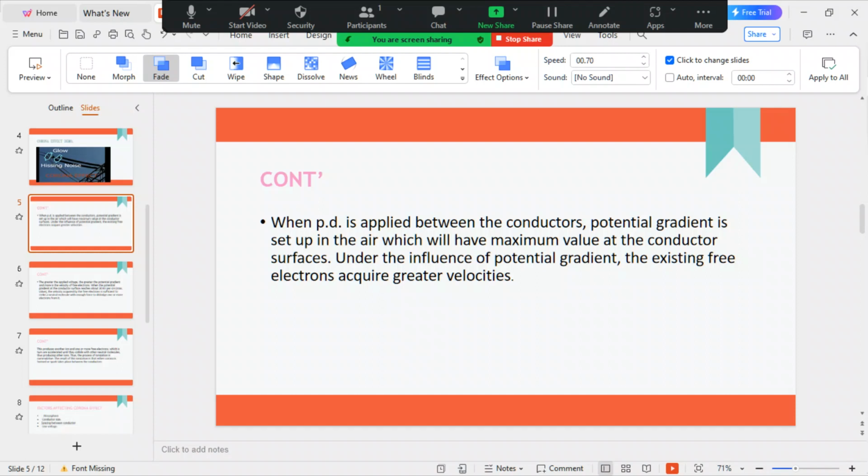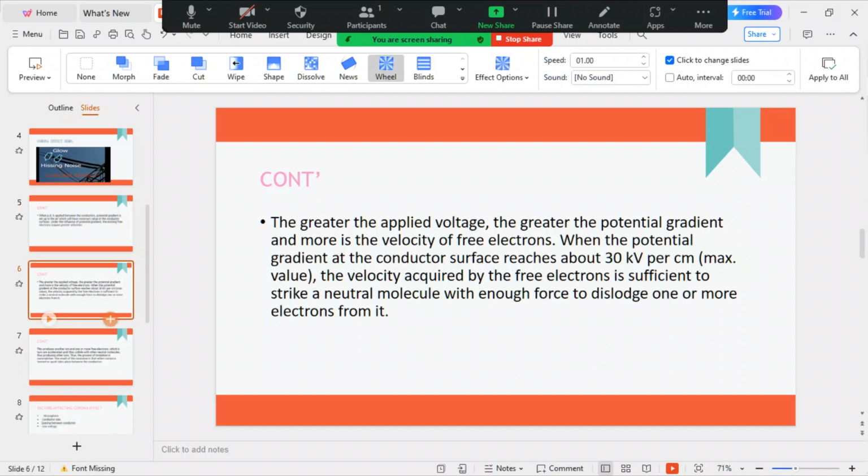Under the influence of the potential gradient, the existing free electrons acquire greater velocities. The greater the applied voltage, the greater the potential gradient, and the more the velocity of the free electrons. This takes place when voltage passes through the conductor. The more you increase the voltage, the greater the potential gradient across that conductor, and that hence causes the velocity of the free electrons to increase.